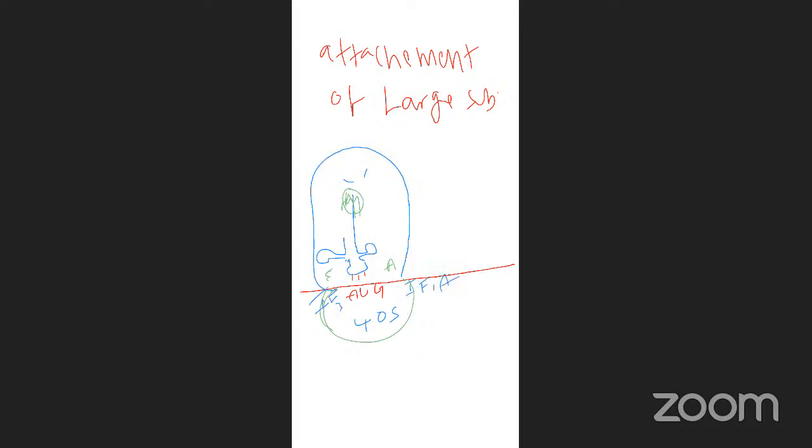So these two mainly attach to the site. Second, the ternary complex is formed. The ternary complex means the tRNA, activated with the help of initiation factor 2 and GTP energy.